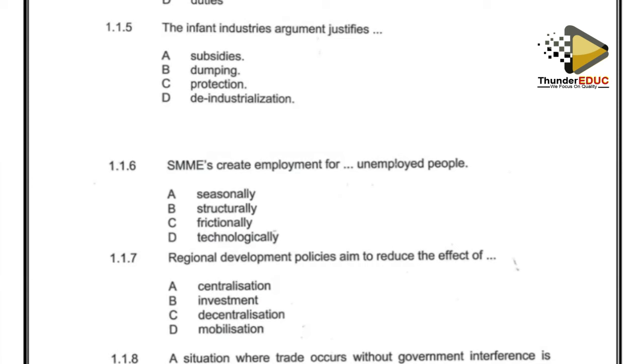That is the subsidy. I did explain dumping, protectionism and deindustrialization. So our 1.1.5 answer is going to be A, which is subsidy.